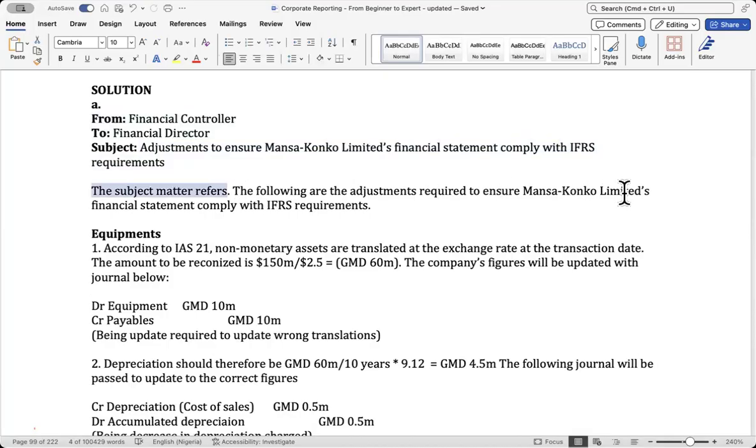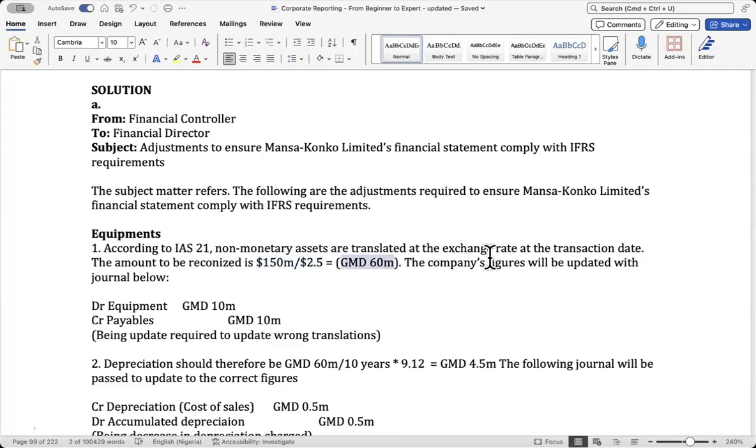Equipment: 1. According to IAS 21, non-monetary assets are translated at the exchange rate at the transaction date. So the amount to be recognized is $150 million divided by 2.5, which is GMD 60 million.